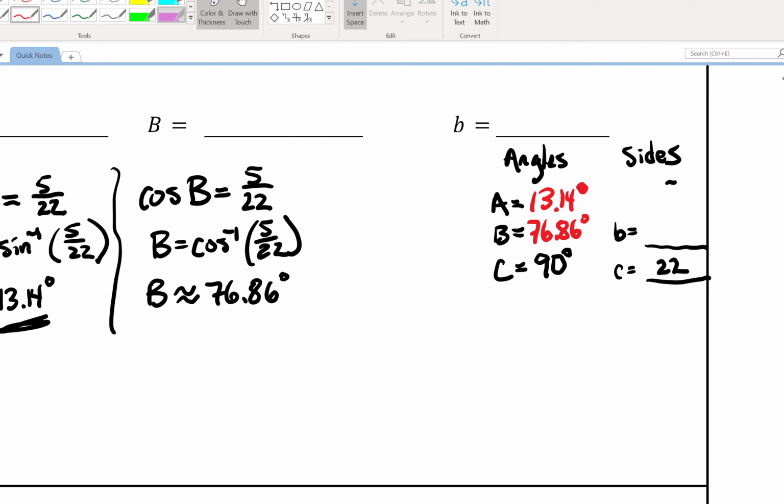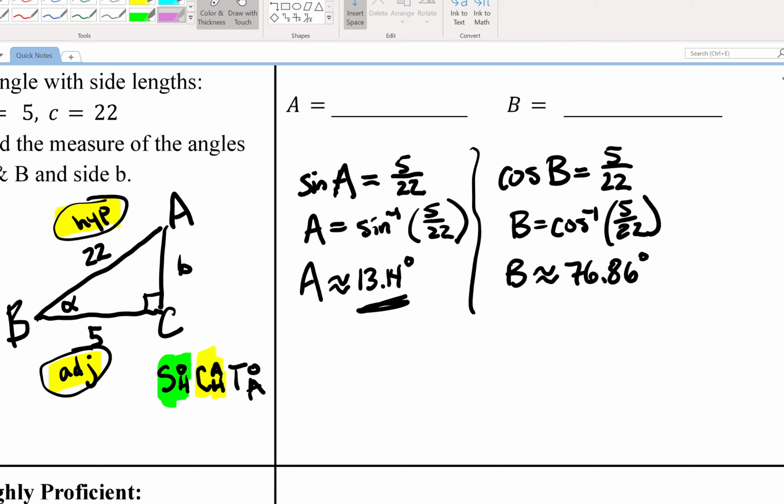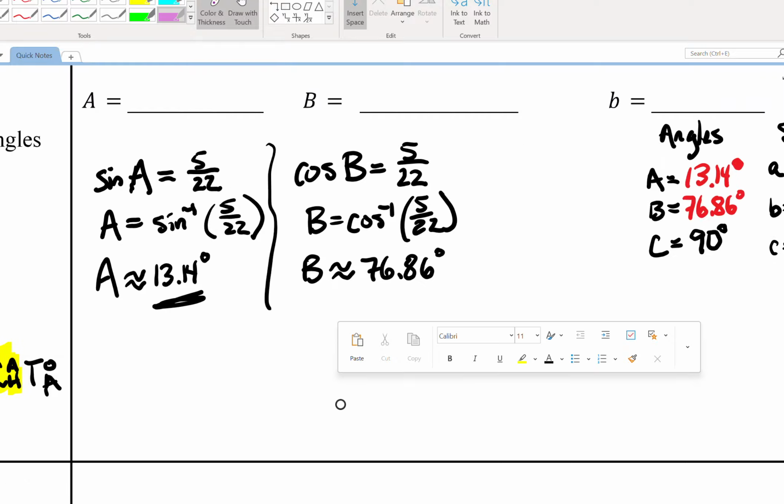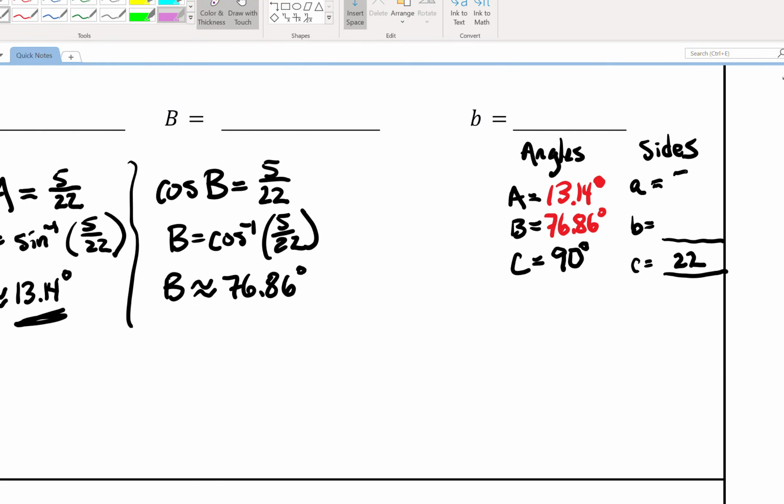And then I need to find little a and little b. And I think I do know one of those. Little a is 5. So I'm going to go here. This is 5. So now I need to find b.